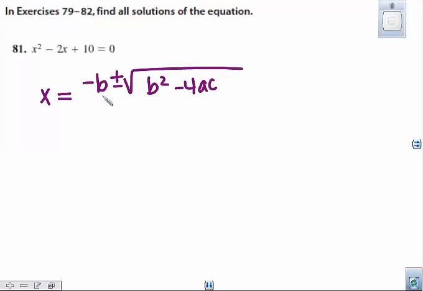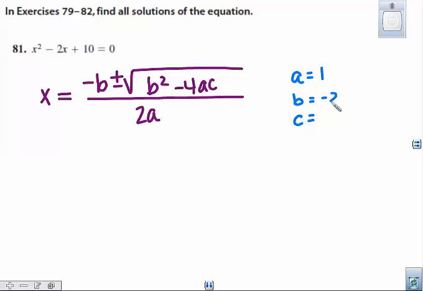I'm not singing because some people don't like my voice, so that's fine. But it's negative b plus or minus the square root of b squared minus 4ac all over 2a. So your first step is to identify your a, b, and c. So your equation here in standard form, your a is 1, b is negative 2, and c is 10.